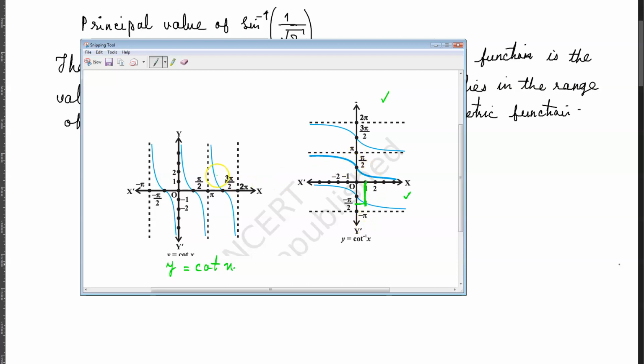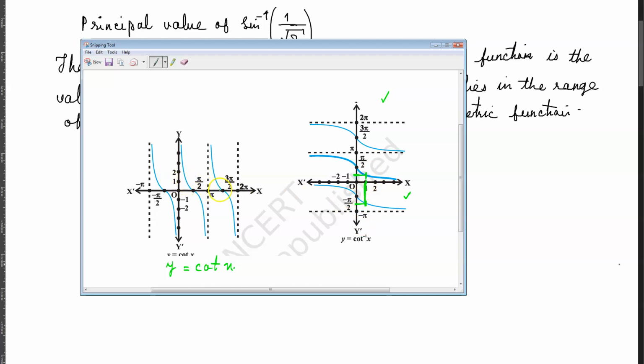Now, if I restrict the domain of this function to 0 to pi, then the range of the function that I will get would be 0 to pi. And then the cot inverse of 1, in that case, would be this value over here.